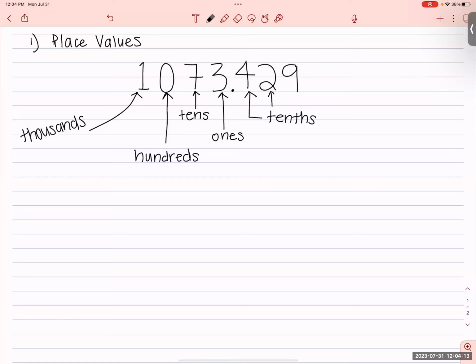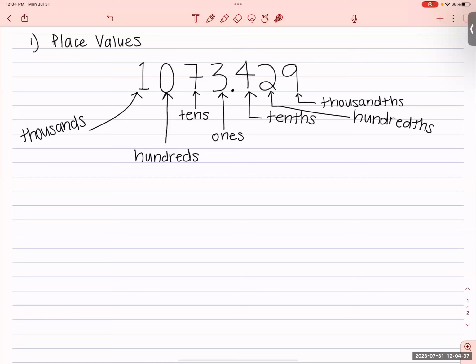The next one is the hundredths place with a TH on the end. And this one here would be the thousandths place.